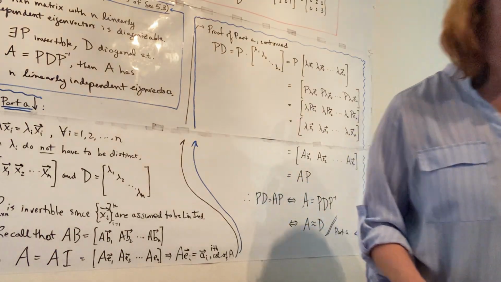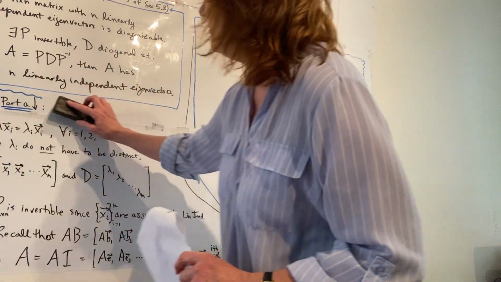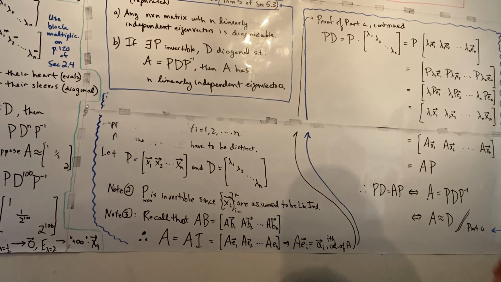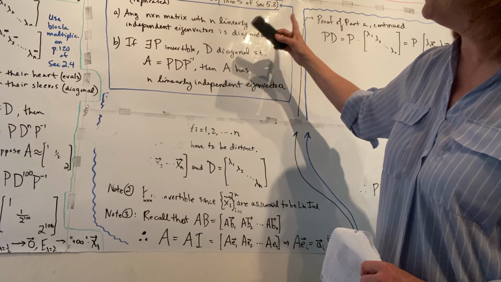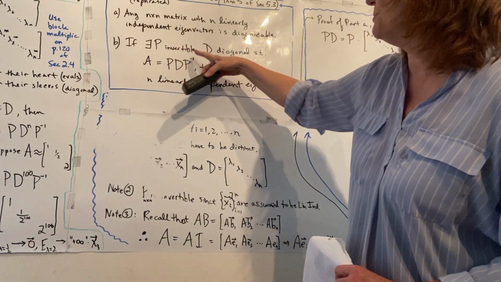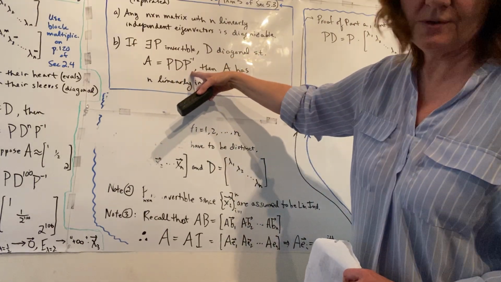What about the other direction? All right, so proof of part B. Part B is here. Right, so you have some n by n matrix A, and you also have an invertible matrix P and a diagonal matrix D such that that equation is true.